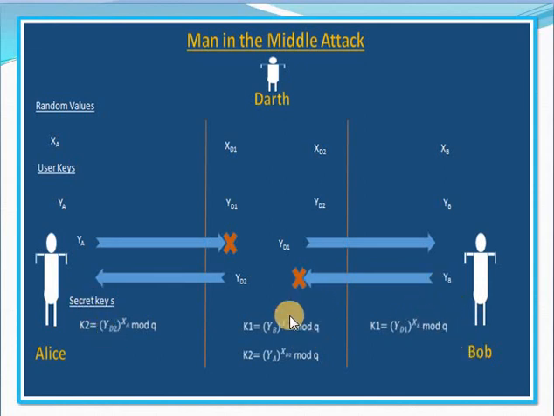Using the actual values, Dorothy is also generating two secret values. This K1 is equal to the secret key generated by Alice, and K2 is equal to the secret key generated by Bob. In this way this will operate.